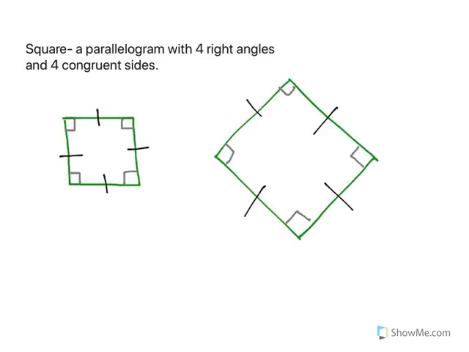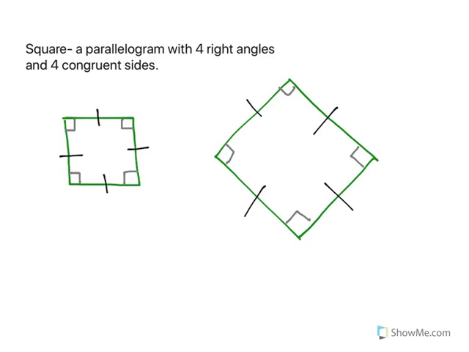Now we have a square. A square is a parallelogram because its opposite sides are parallel. It has two pairs of parallel lines. It's also a rectangle because it's a parallelogram with four right angles, but now we've made it the most specific one.